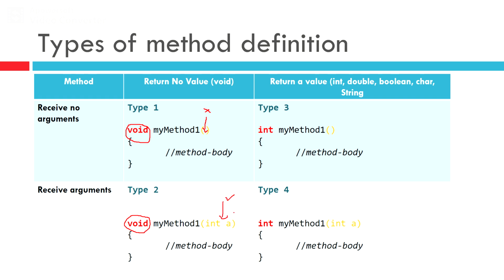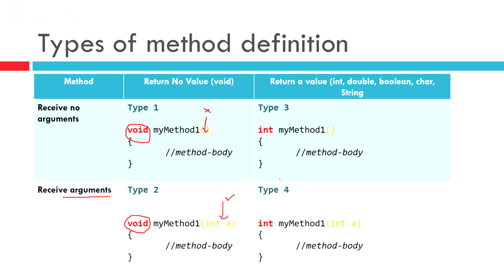Okay, there is one parameter which is A. So because you have one parameter A, means that you will receive one argument value, one value from your method call. Right? So the rest of the general form of the type 2 method is still the same. The name of the method is method 1 and the method body inside the block statement.